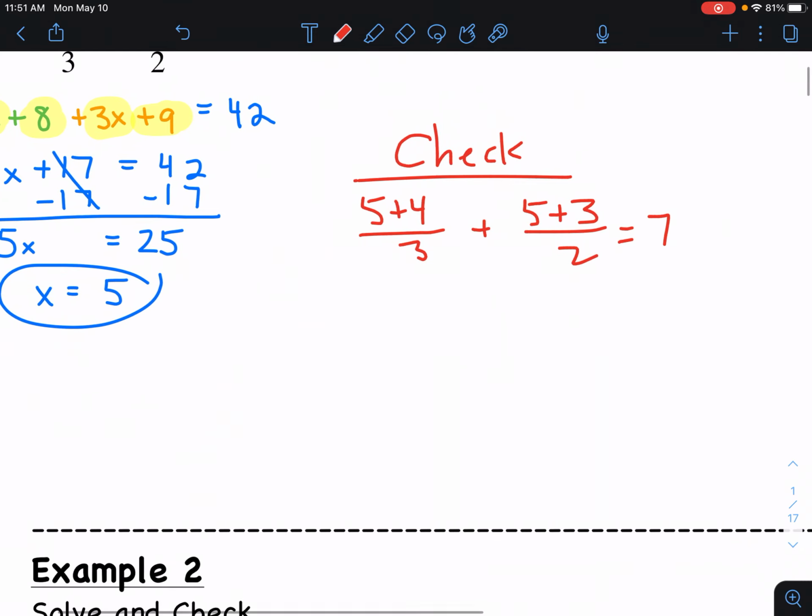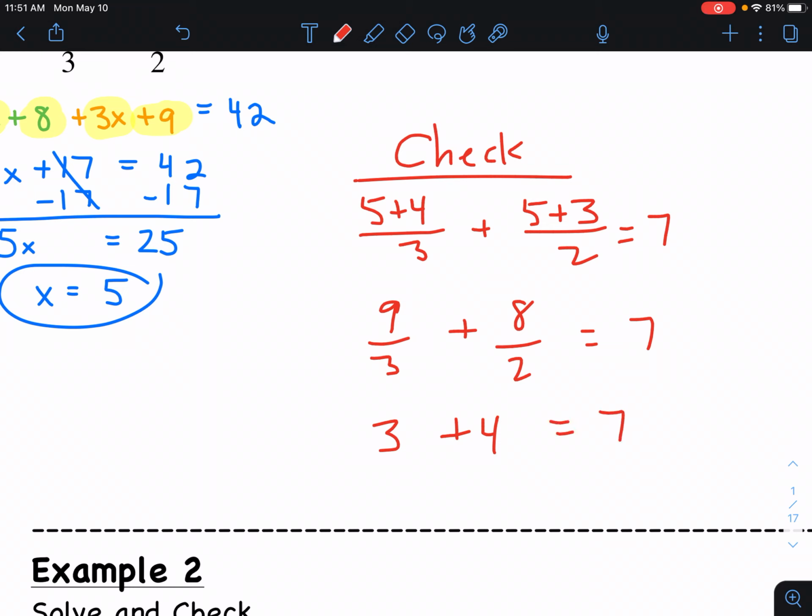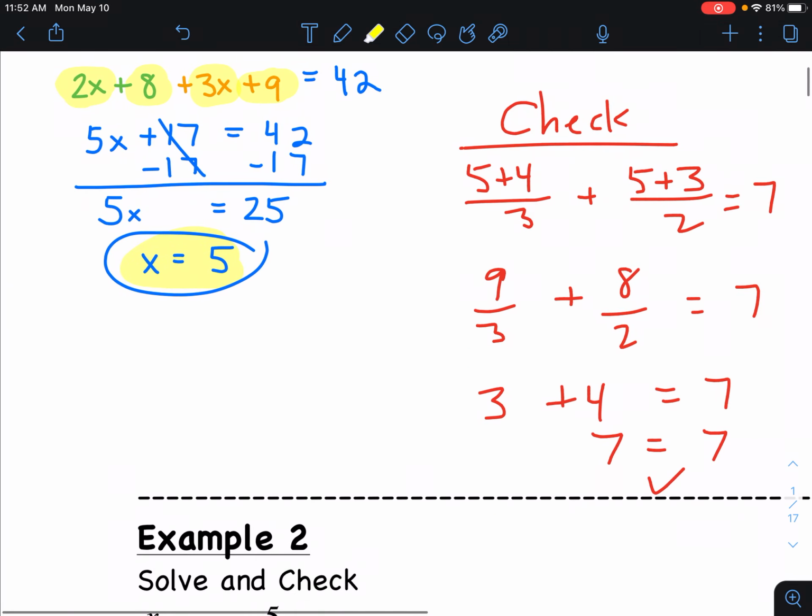So the first one will be 9 divided by 3 is 3. Second one, plus 8 divided by 2 is 4. And then we know 3 plus 4 is 7. So that checks out to be okay. So that means we are satisfied. We know without a doubt that x is 5.